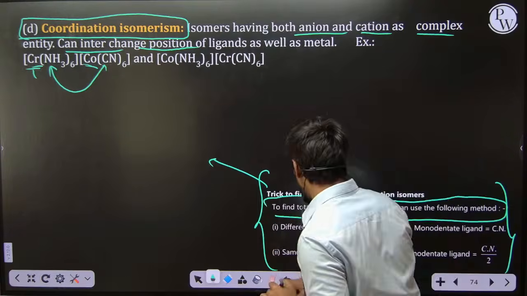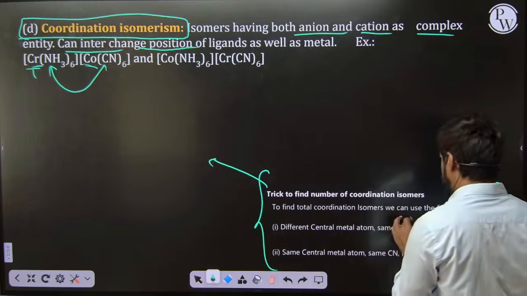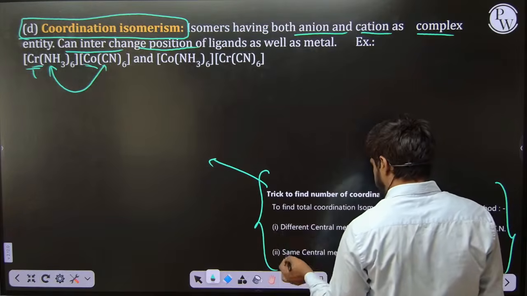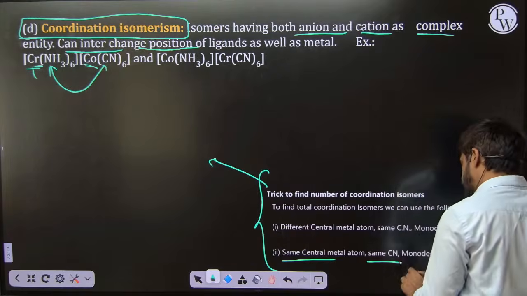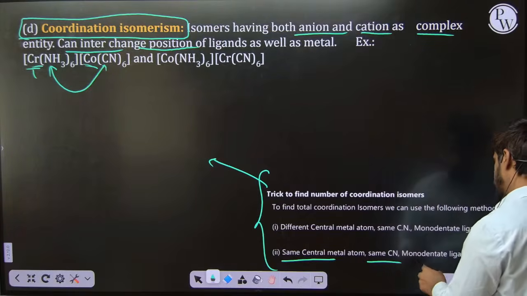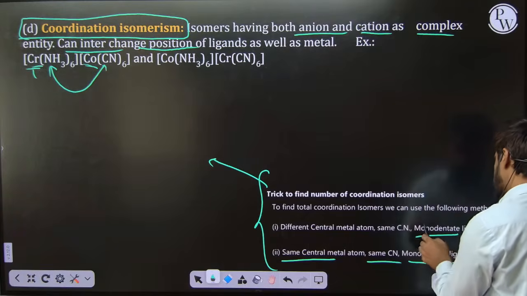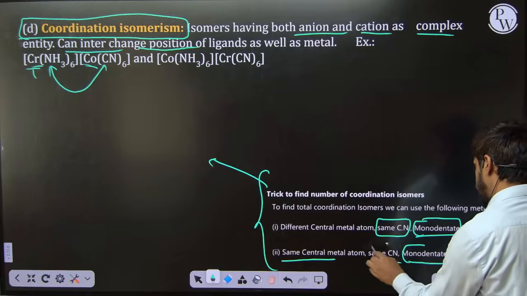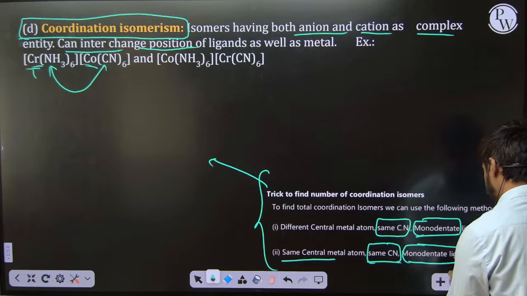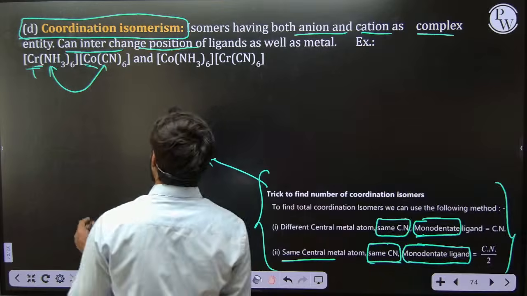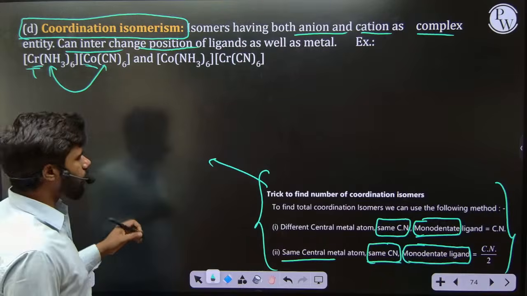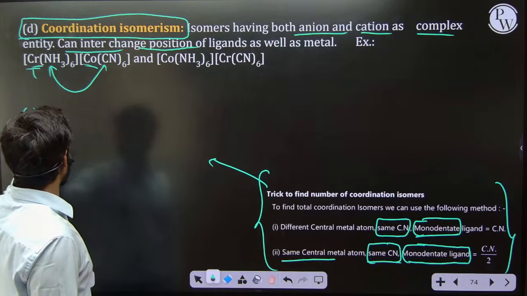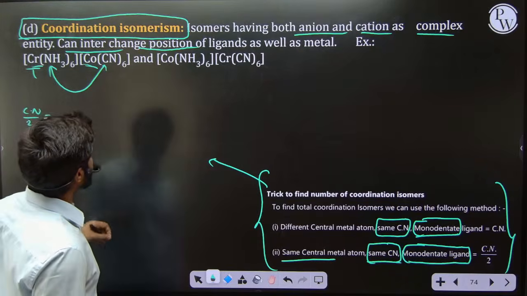We can use it if the same central metal atom and the same coordination number are given, and the ligands are monodentate. If the central metal atom is the same, then we use the coordination number of the complex divided by 2.